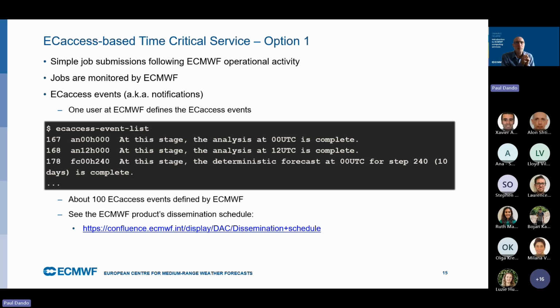So this is the simple job submission, which follows ECMWF's operational activity. Jobs that use this framework are all monitored by ECMWF shift staff. So if your job fails, the shift staff have access to a web interface where they are alerted to the jobs that fail, and they can rerun them.